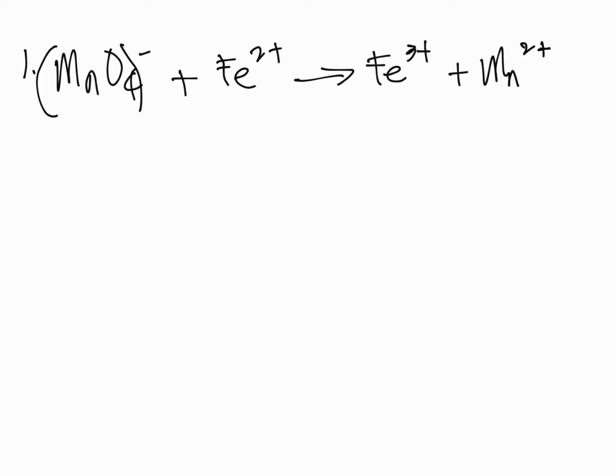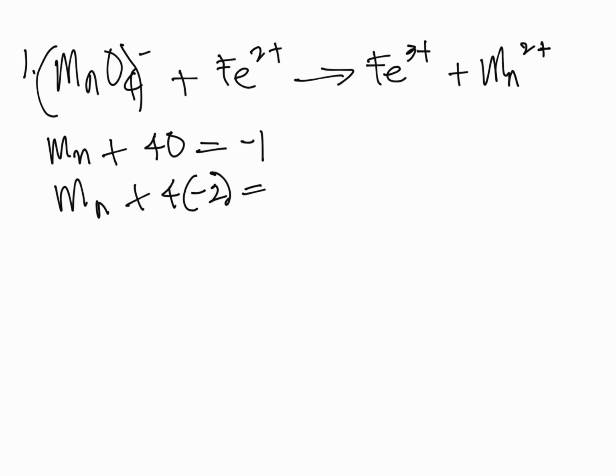So the products are good, but let's first determine the Mn. This is how you do it. Mn plus 4 oxygen equals -1. The negative here symbolizes -1. So how do we determine the charge for Mn? Always remember that the charge for oxygen is always -2.